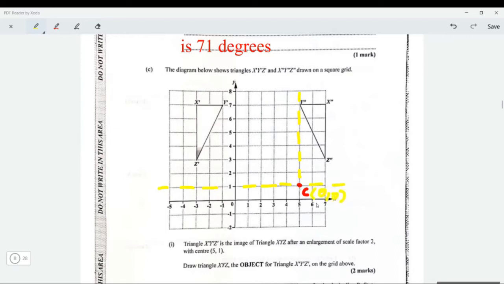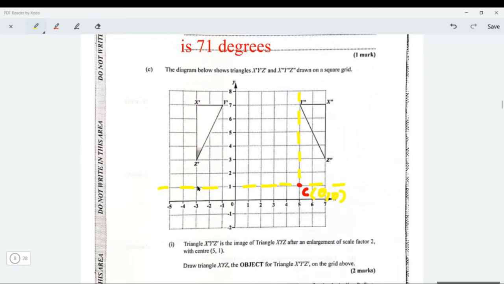If C is the point 0, 0, then Z prime would be 1, 2, 3, 4, 5, 6, 7. Let me check again. 1, 2, 3, 4, 5, 6, 7, 8.